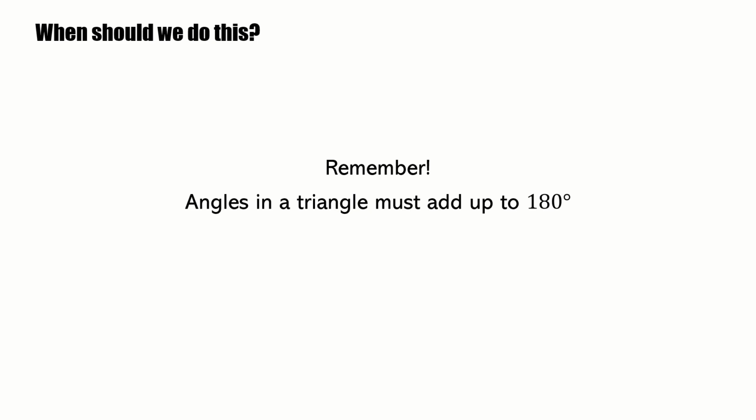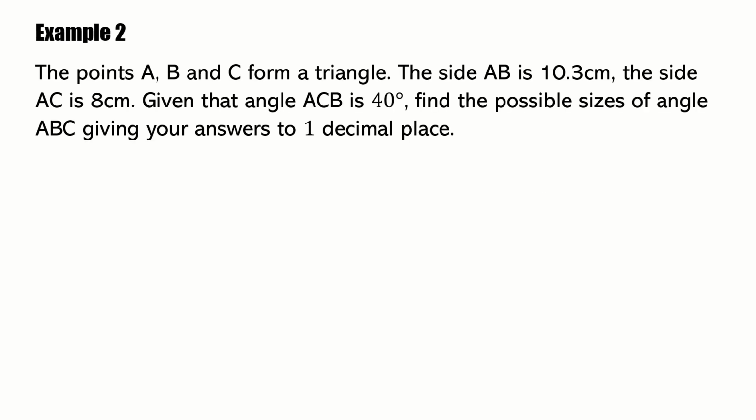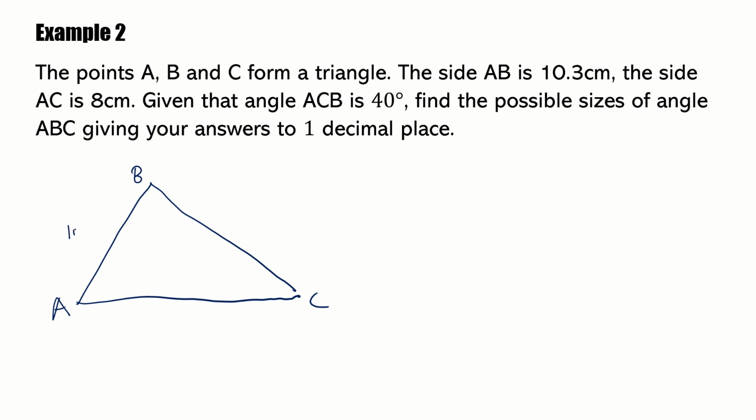And so an example of this taking place is this example here. Again, drawing the triangle and labeling the sides. We've got A, we've got B, we've got C, and so the side AB is 10.3 centimeters this time, and the side AC is 8 centimeters, and we're given that ACB is 40 degrees.